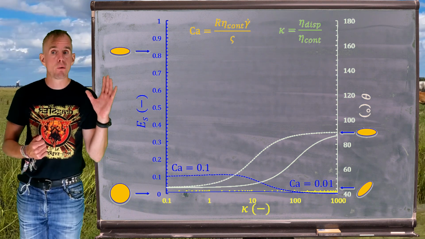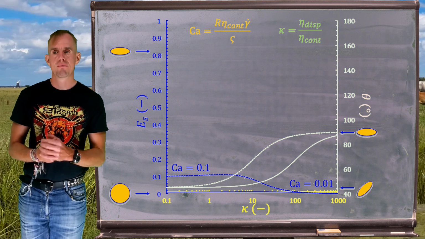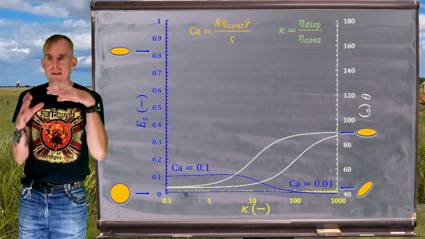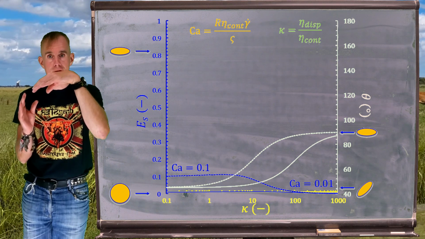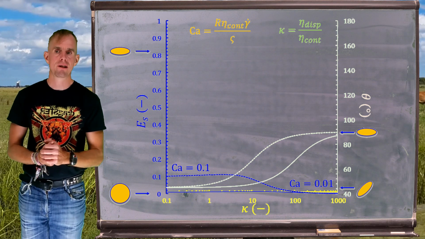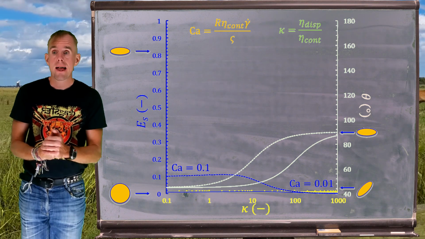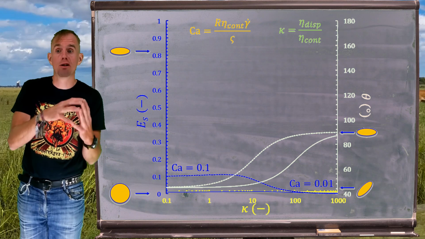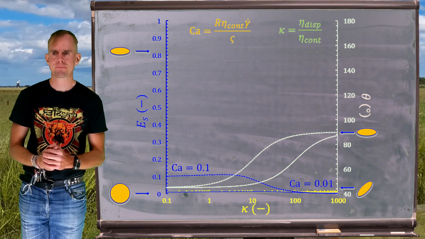If we look at the orientation for low viscosity ratios, where we see slightly ellipsoidal droplets, they will be orientated at 45 degrees from the flow direction. As we increase the viscosity ratio, those ellipsoidal particles tend to spherical, and we get that result where they're aligned with the flow direction again, or 90 degrees perpendicular to the flow direction.